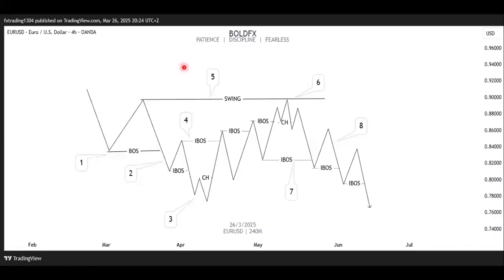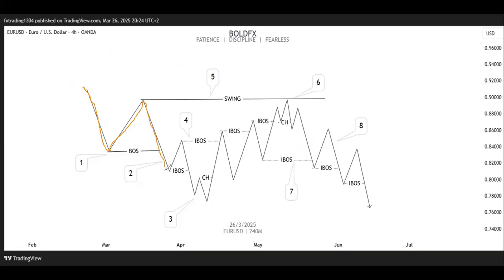So this is the diagram that I came up with, that I personally follow in my trading, actually analyzing my trades. As you can see right here, price creates a lower low, a lower low, creating a lower high, right?